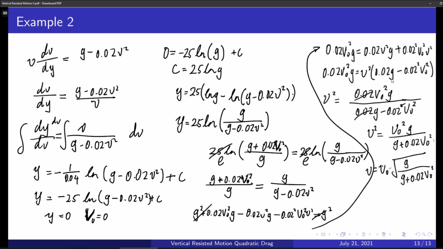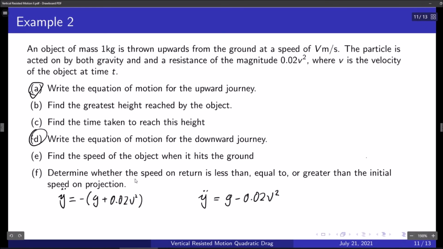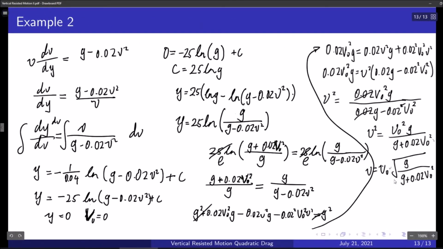This provides us with an answer to the final question: how does the size of the speed on the return compare to the initial speed? As you can see, the speed equals the initial speed multiplied by something, and it's g over g plus something.